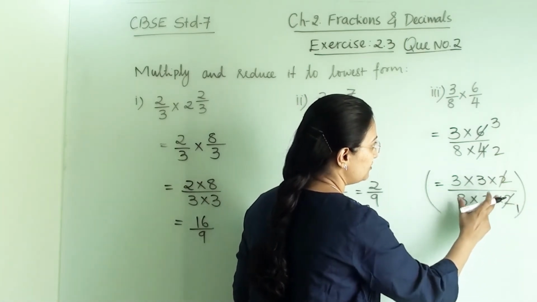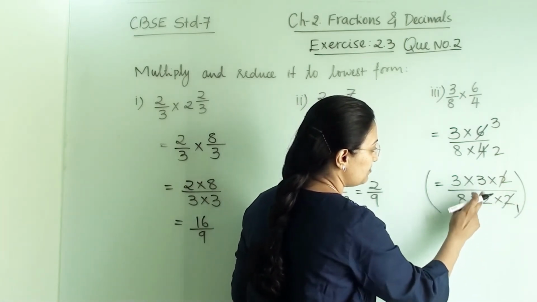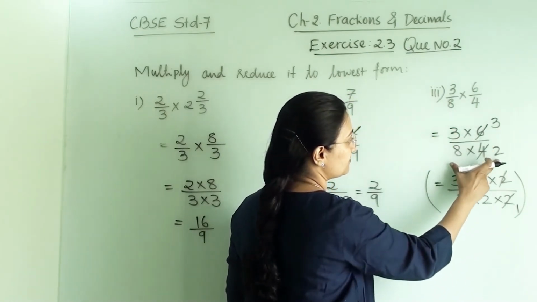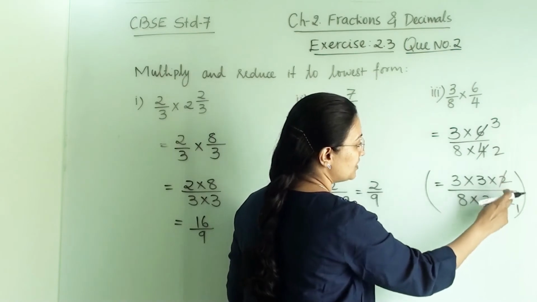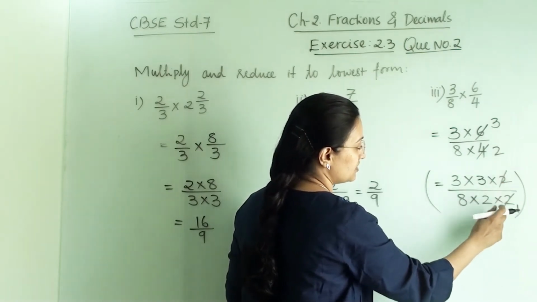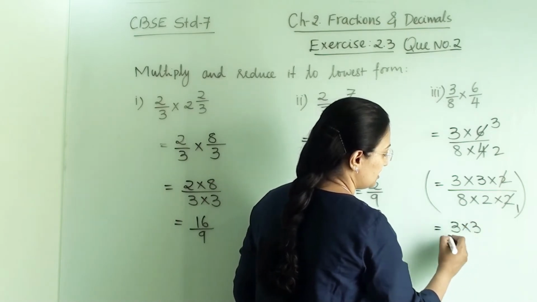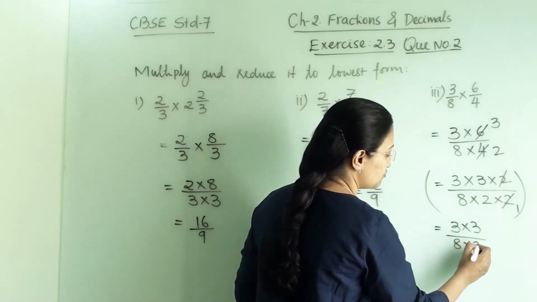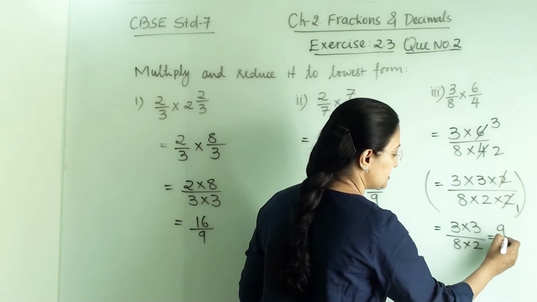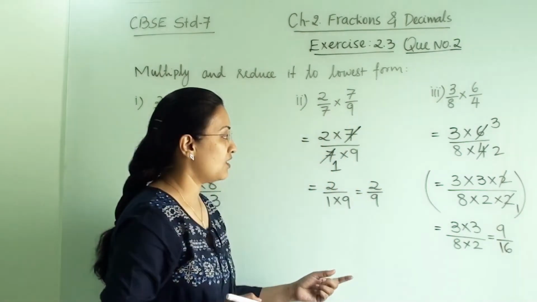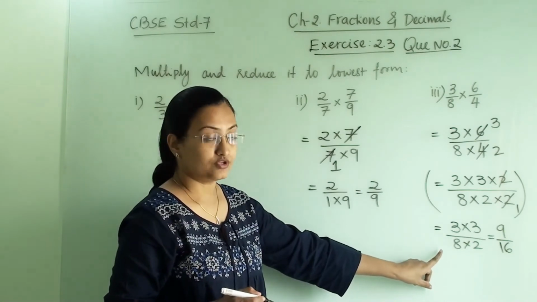And the rest of the things are 3 by 2 and 3 by 8. That is what we got here. So the next step, 3 into 3 divided by 8 into 2. So our answer is 9 divided by 16. That is how we have reduced it to lowest form.